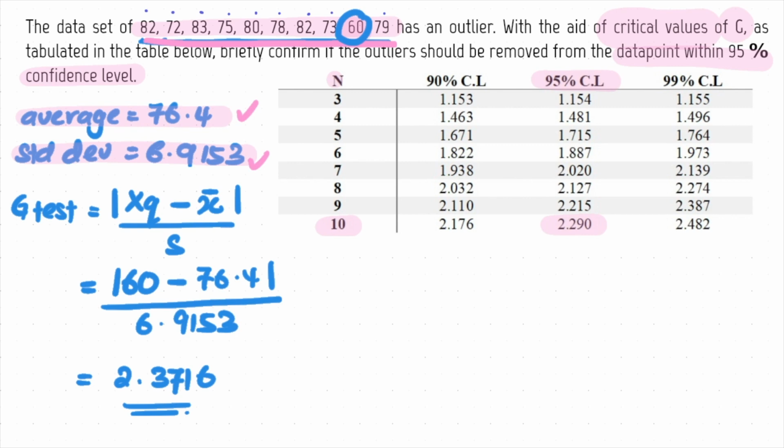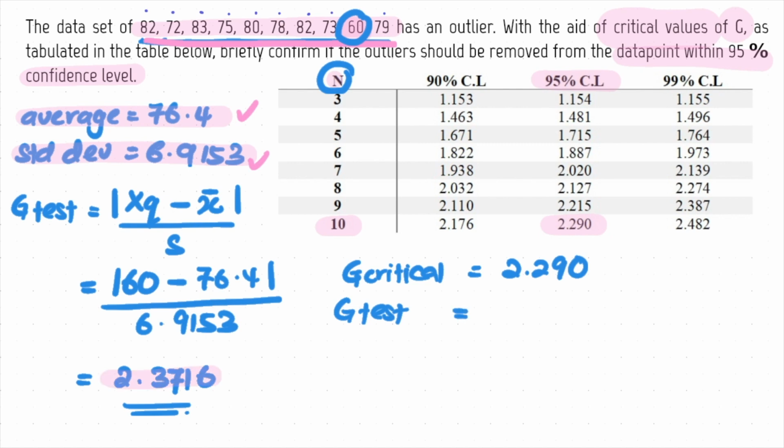Don't get confused, okay? Because we are doing the G test, this is just n, not n minus 1. So given to you, your G critical is equivalent to 2.290.